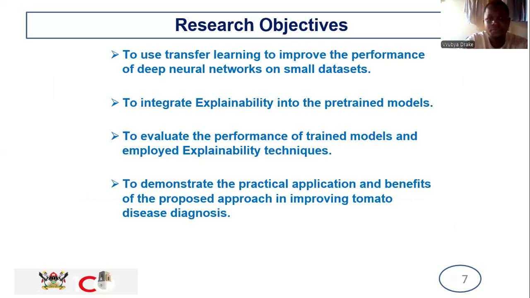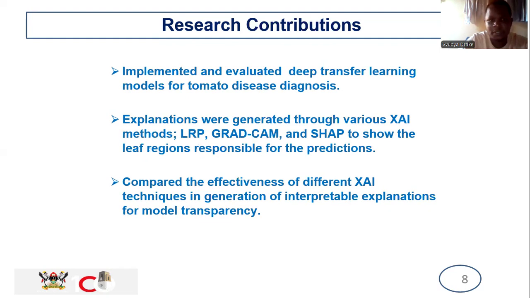So in this study, we want to use transfer learning to improve the performance of deep neural networks on small datasets, then integrate explainability into the developed pre-trained models, then evaluate the performance of different pre-trained models and employ explainability techniques, and also demonstrate the practical applications and benefits of the proposed approach in improving tomato disease diagnosis.